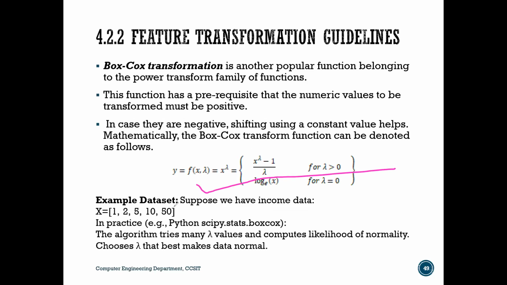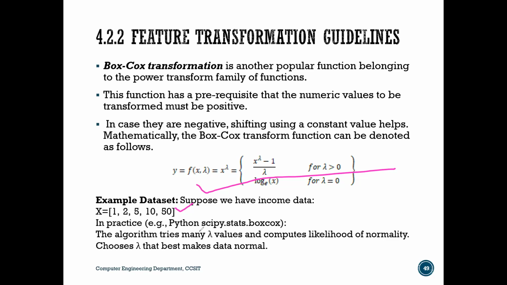Because for all data points, suppose I have these data points, we use the predefined library in Python, scipy stats boxcox. Whenever we use this, this library tries different values of lambda, lambda equal to 0, lambda equal to 1, lambda equal to 3, different values, until they get the value which is the best fit. So that's why we cannot do it manually.